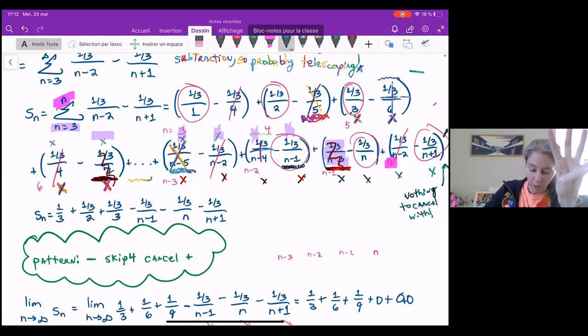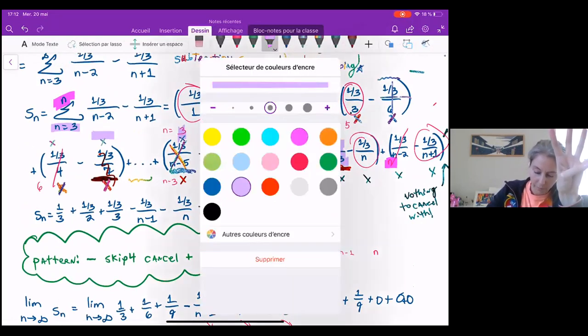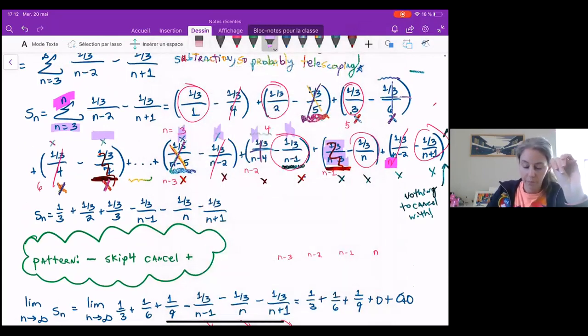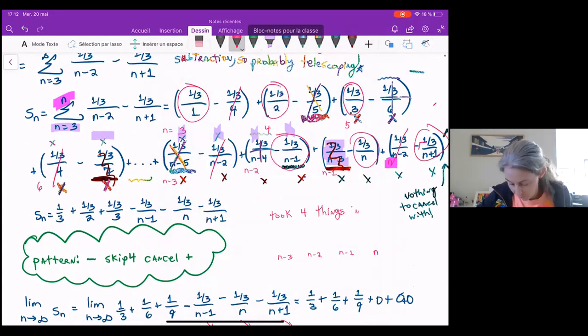So let's write that down because that's important. Yes, so you have to have the same number of things on each side of the pluses. Exactly. So it took 4 things in the beginning to see something cancel. So that means I need 4 things at the end. Does that answer your question? Yeah, thank you.